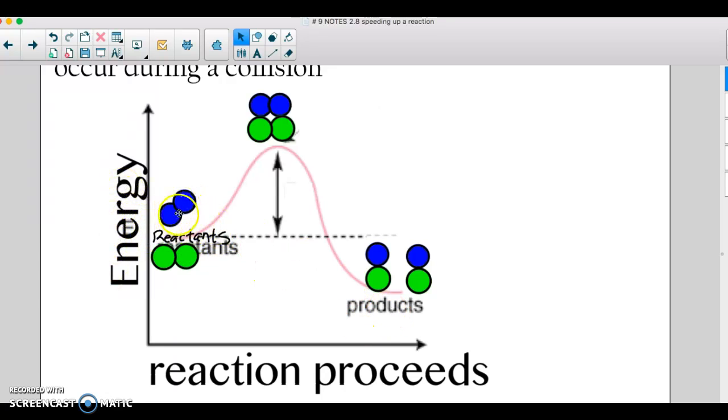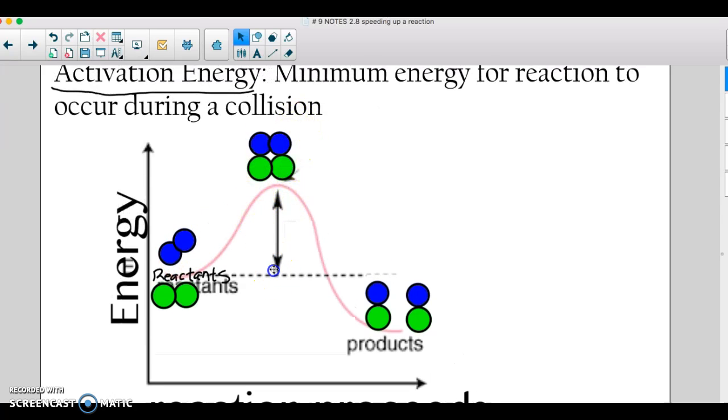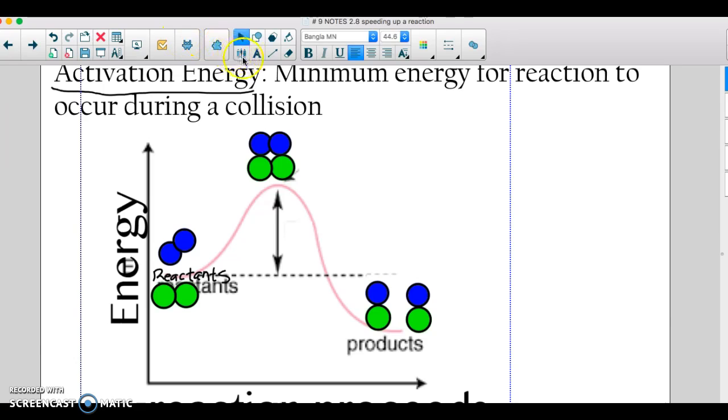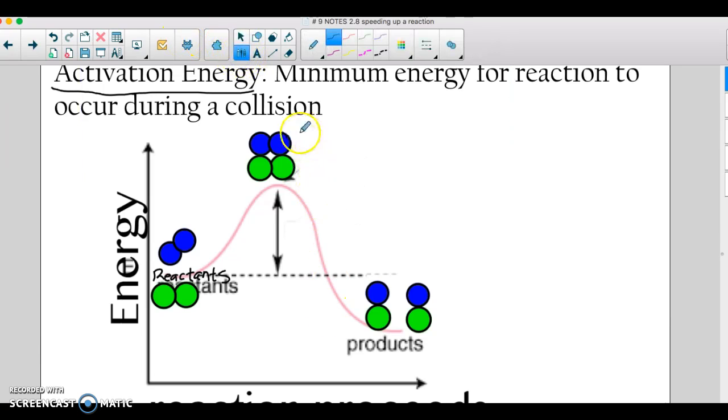So you have your reactants, the blue and the green, and then they have to hit each other at the correct angle. And what happens is that there's a minimal amount of energy needed to get them to collide and hit each other. This is called the activation energy.